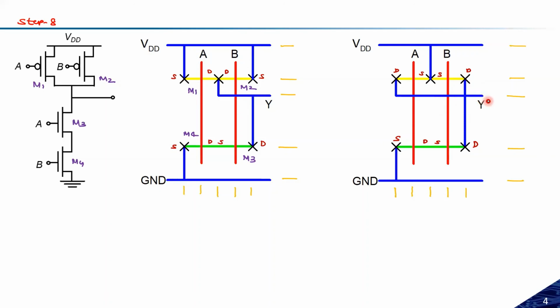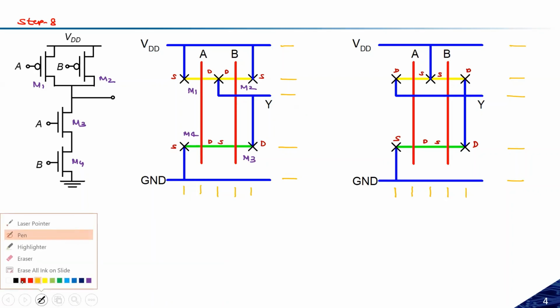And if the diffusion capacitance is higher, the effective load capacitance will increase, and that will lead to higher delay. So even though both the layouts require equal area, the delay in the second layout will be more compared to the first one. So the first one is preferable. Okay, so this is really very important, and we should know these things.